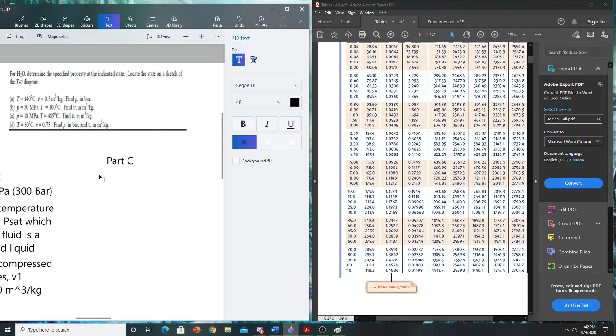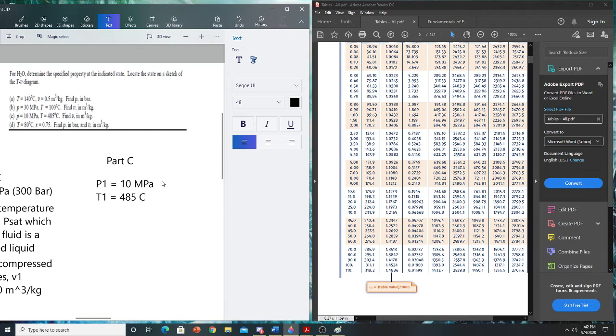So for example, part C, we are given P1 is equal to 10 megapascals, and T1 is 485 Celsius. So that's pretty warm, right? Very warm, actually. And pressure is very high.